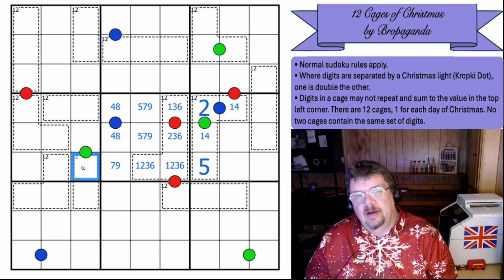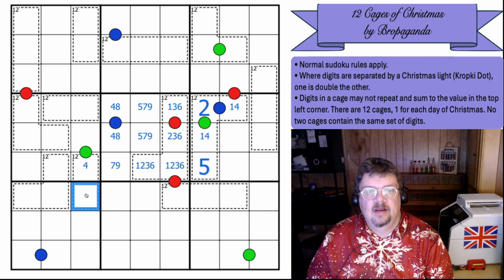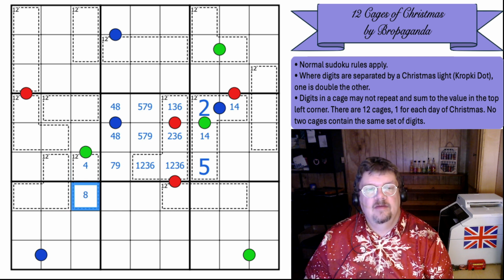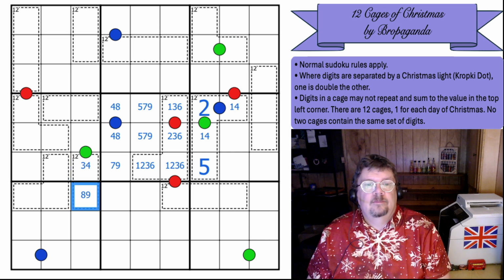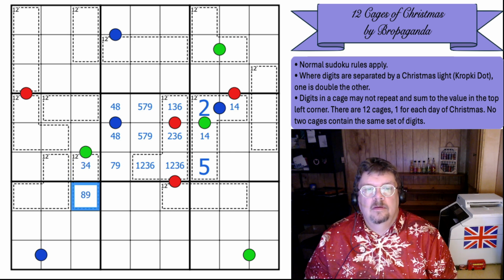So if this were 4, 8, if that were 8, then that would be 4 by the dot, but that would be 4 by the cage. So that's not an 8. So if it's 4, 8, it has to go that way round. If it's 3, 9, I can't place the 9 there because of the dot. So that would be 3 and that would be 9.